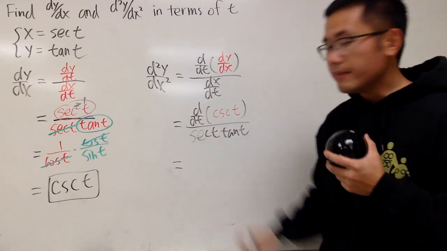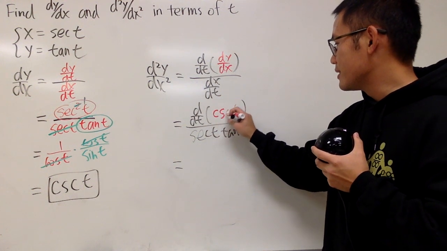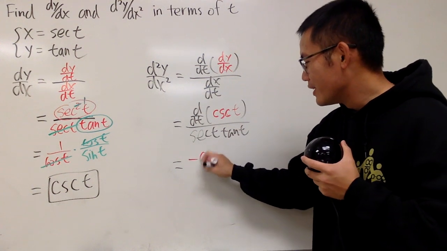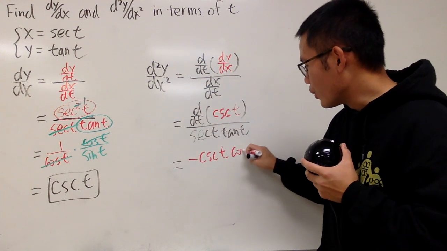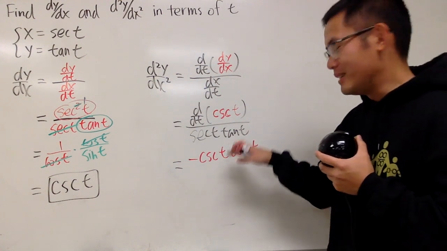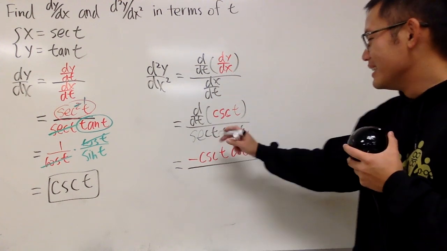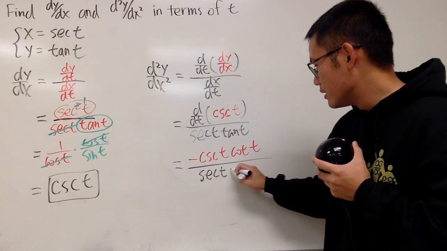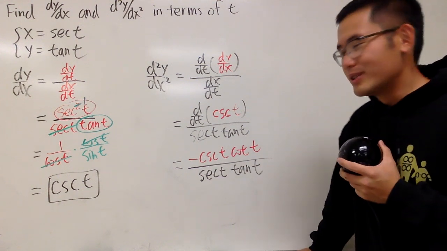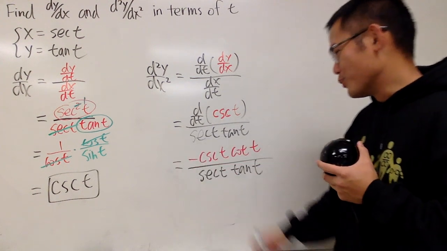Okay, so what's the derivative of cosecant t? The derivative of this is negative cosecant t cotangent t. And seriously, just keep your input t, write it down clearly. Then we have to divide this by secant t tangent t. Now you have to remember your trig identities and the cancellations, just like what we did over there. We have to do more.